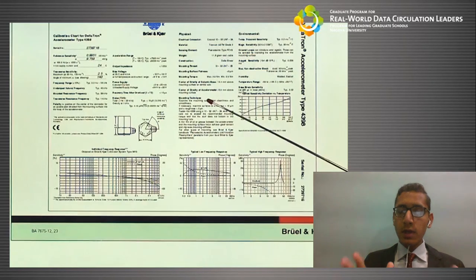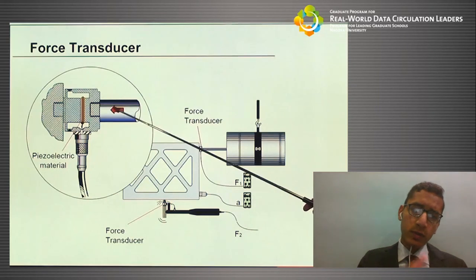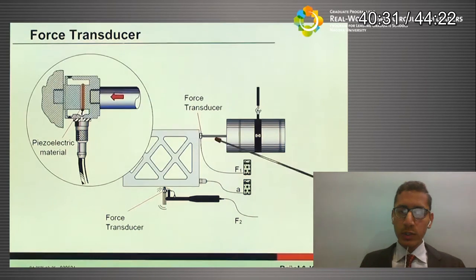We have to keep certain parameters in mind while selecting our required detector. Then we have force transducers, where we hit it with a force and we transduce a force and then we observe the vibrations.